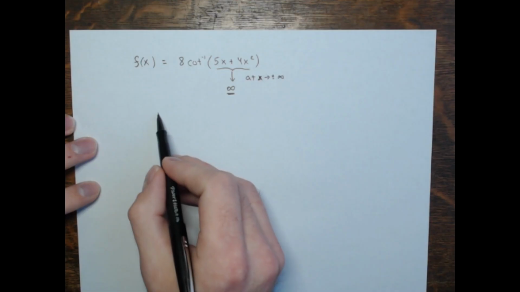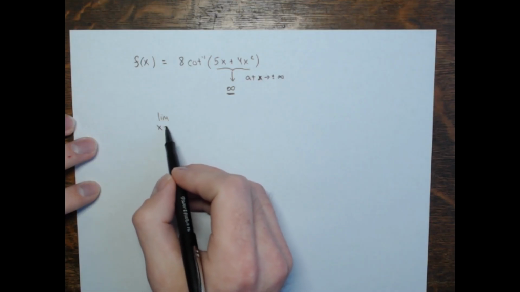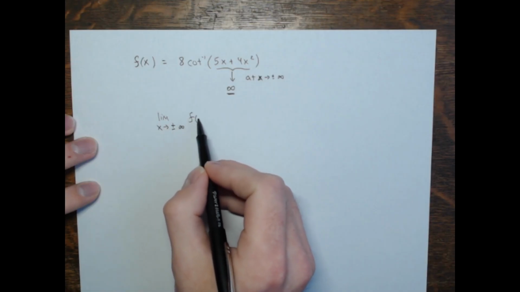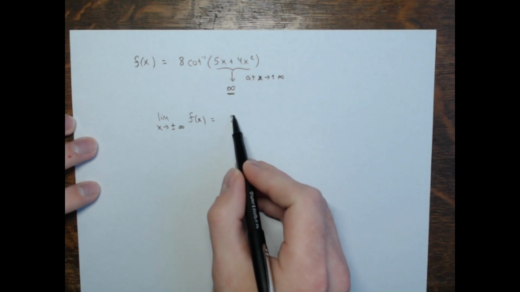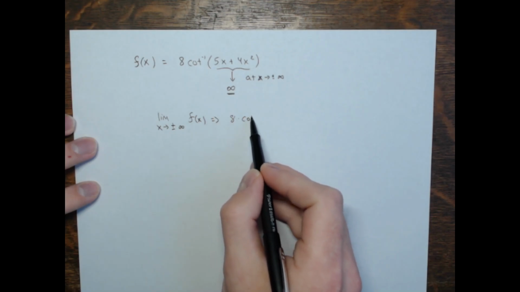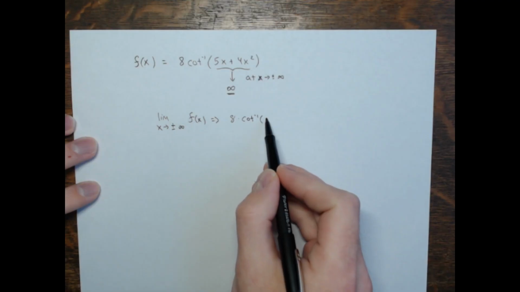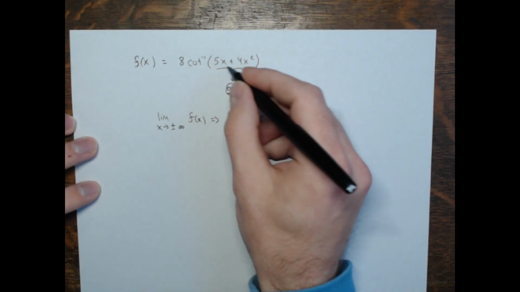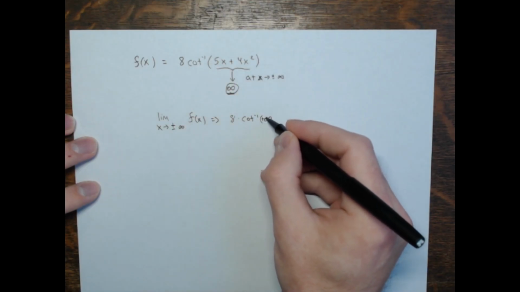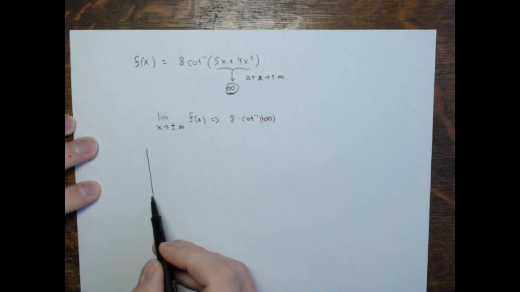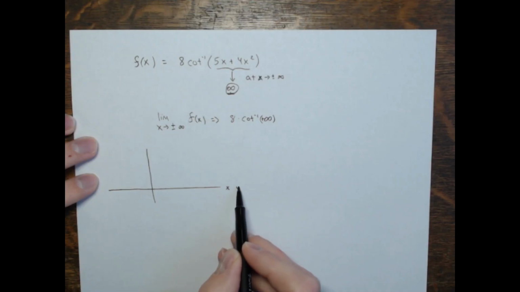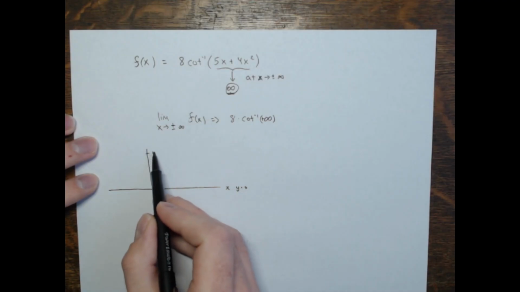So this limit, as x approaches either positive or negative infinity of this function, will be approaching 8 times whatever the inverse cotangent of infinity is. Because again, this interior expression is getting large positive. Remember the graph of inverse cotangent? That was between y equals 0 and y equals pi.